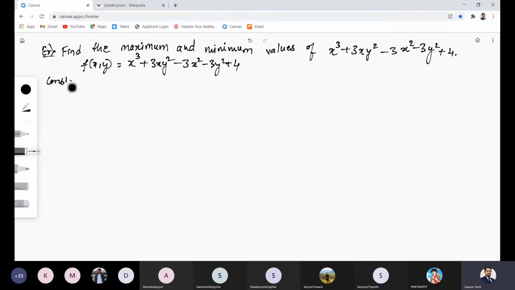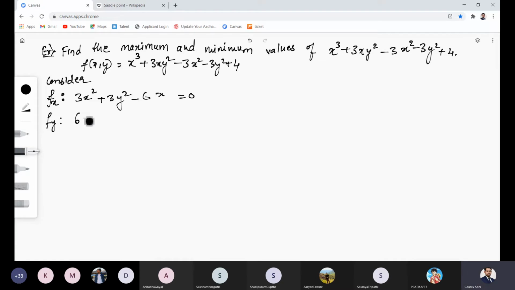So consider f suffix x. That will be 3x square plus 3y square minus 6x equal to 0. What is f y here?